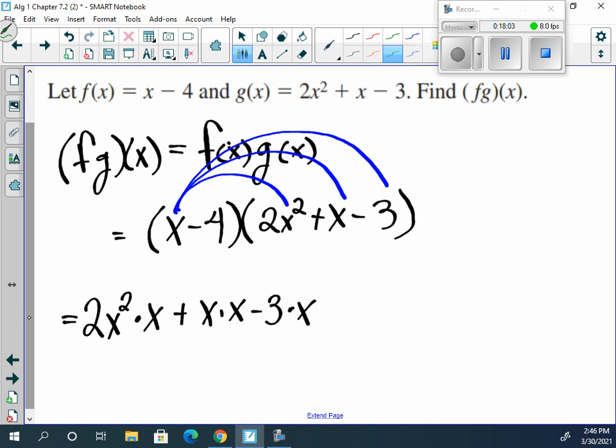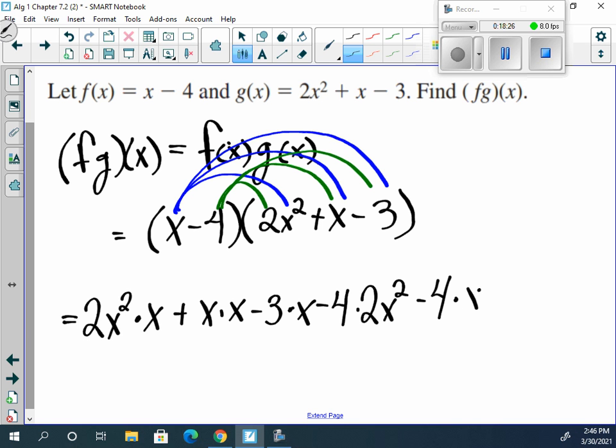Now what we're going to do next is we're going to do the same thing with negative 4. So we'll have negative 4 times 2x squared, because those two are going to be multiplied together. Now we're going to have negative 4 times x.